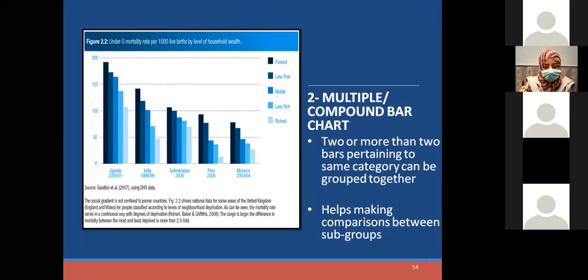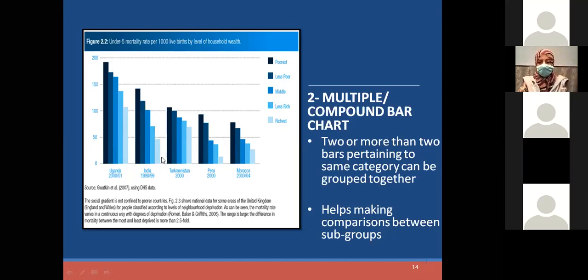For example, if you take the example of India, the poorest have the largest number of deaths in India. This is for the 98 to 99 data. Then the less poor have lesser number of deaths, followed by the middle income people, less rich people, and the richest people have the lowest number of deaths.